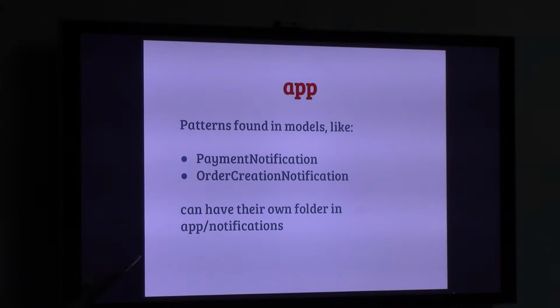And then if you have, let's say, non-ActiveRecord-backed models, well, I put them first in app/models. But when I start to see a pattern, like maybe there are two or three or four of them named something underscore notification, then I create an app/notifications folder. So all the notification classes go there.